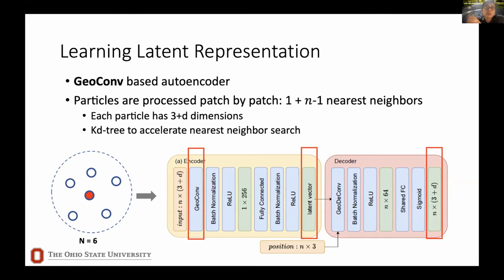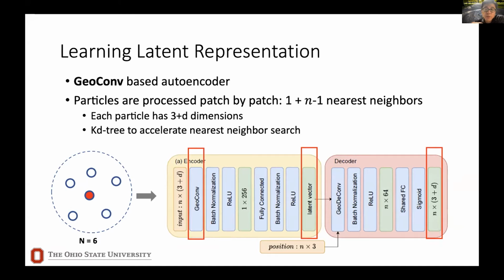You divide the space into different spatial components, and then do recursive subdivision using a so-called KD tree, so you are able to identify the nearest neighbors. We assume this is given, meaning you are given a patch of particles with one in the center and the other n-1 around it. We are going to input this into the autoencoder.